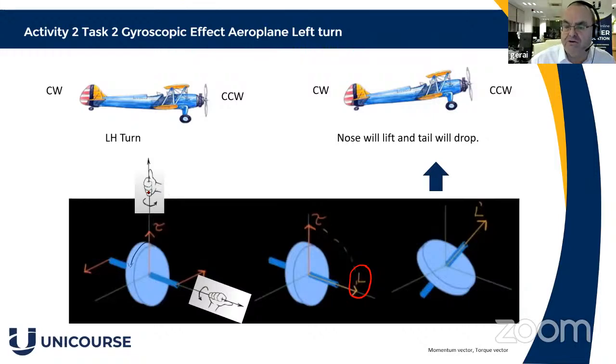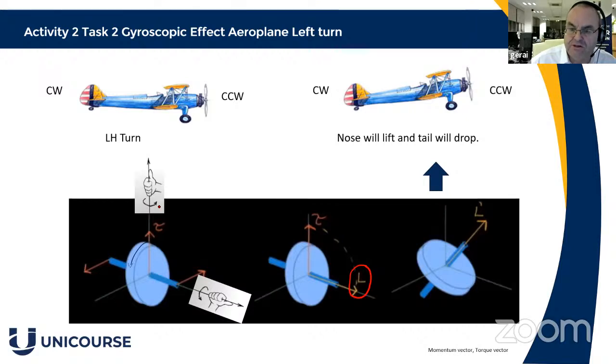So what will happen, we need to look at the torque. If we look at our inertia wheel again, which represents the engine and the propeller, to cause it to turn, you'll have a horizontal force in that direction at the front and a horizontal force in the opposite direction at the back. This is all caused by the rudder, of course. So that has a torque trying to turn this in this sort of direction. Using the right hand rule again, to get it to turn to the left, the torque acts in this circular direction.